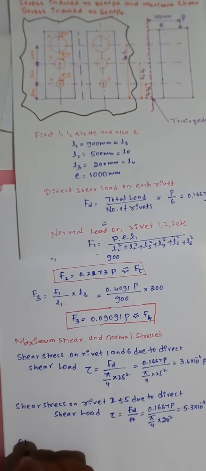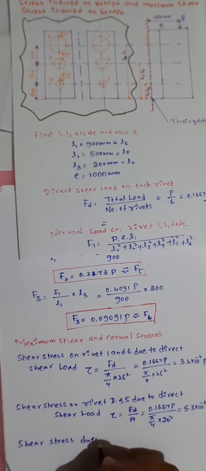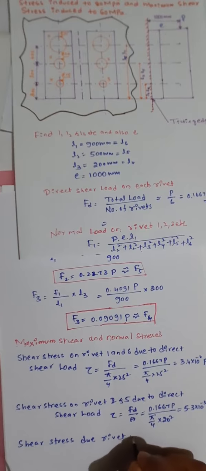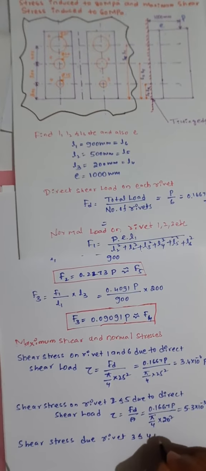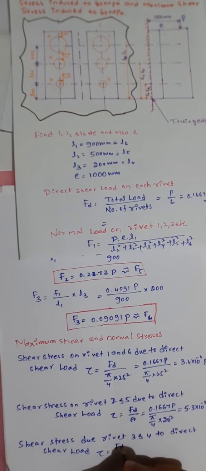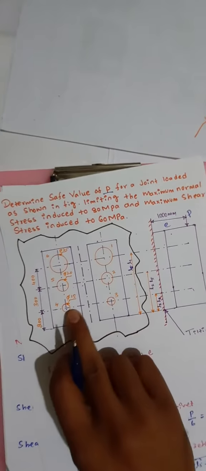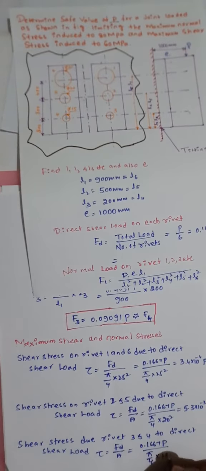This is the value of the shear stress for rivet number 2 as well as 5. Next, the shear stress on rivet number 3 and 4 due to direct shear load, tau is equal to Fd divided by A, that is equal to 0.1667 P divided by 5/4 into the diameter of rivet number 3 as well as 4, which is 15 mm, 15 square.